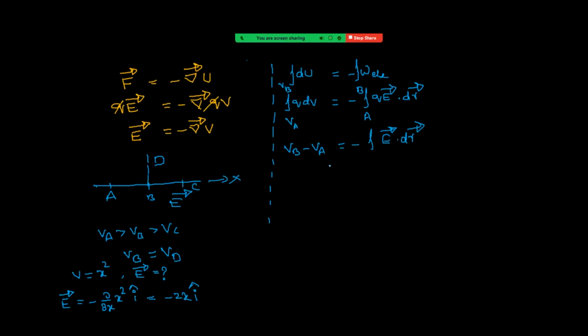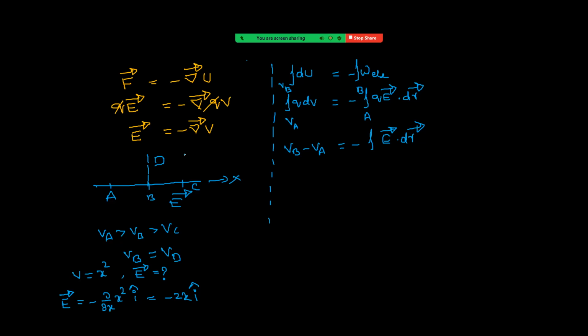So if you are given electric field vector and if they ask what is the potential or potential difference, then we have to take minus integral E bar dot dr bar. If we are given potential and if they ask to find E bar, then we can take directly minus del bar into V. Here there is no dot, no cross. This is called negative of potential gradient.